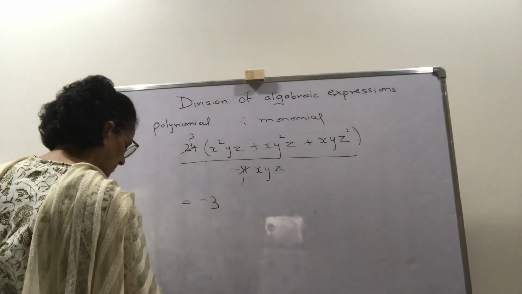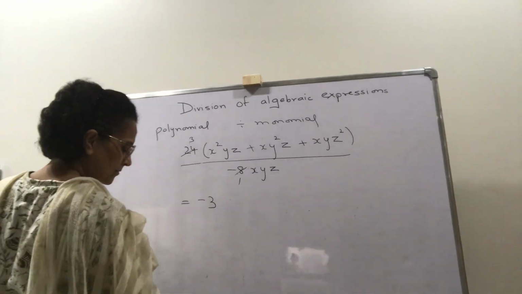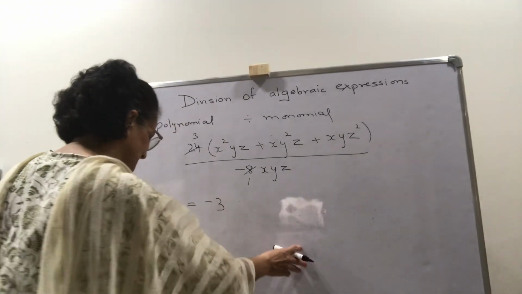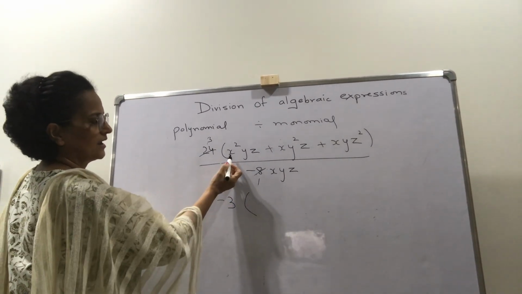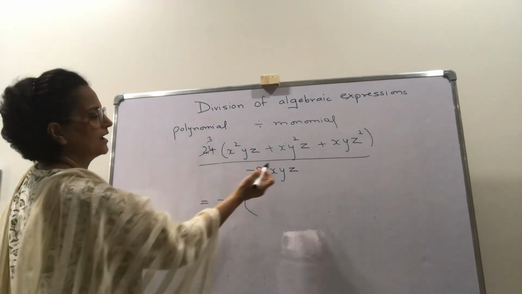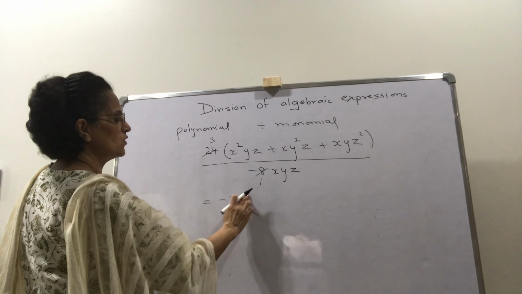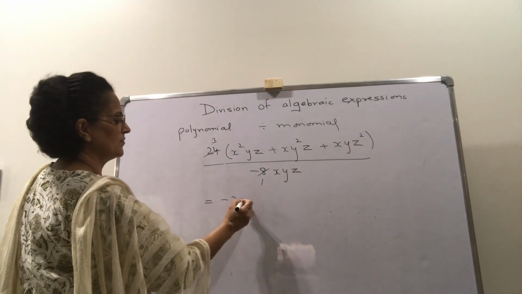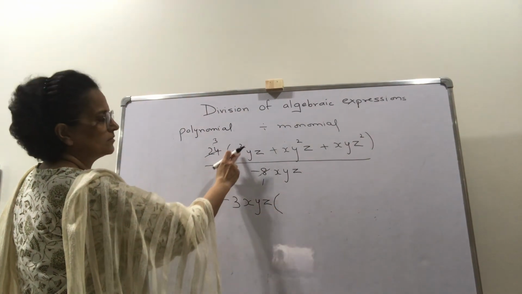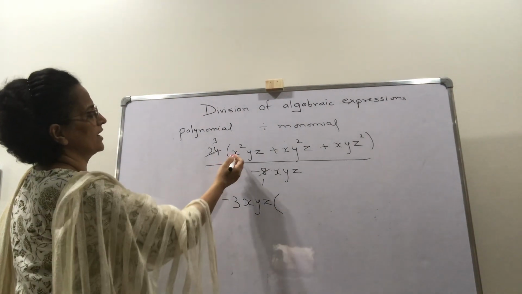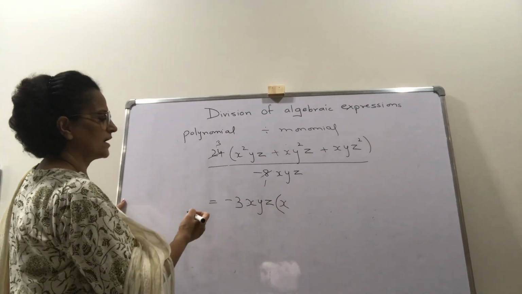Now let's check the bracket. Here xyz is there, and here also xyz and xyz. So we can take common xyz. Power was 2, so I have taken 1x out. I am left with 1x here.